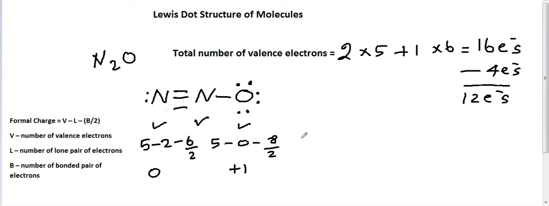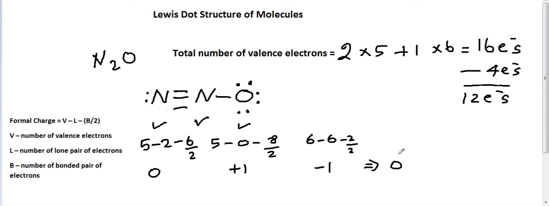And for the oxygen, it is 6 minus 6 minus 2 by 2, that is minus 1. So the algebraic sum of the charges of each element is 0. Even that matches and says that the given molecule is neutral.